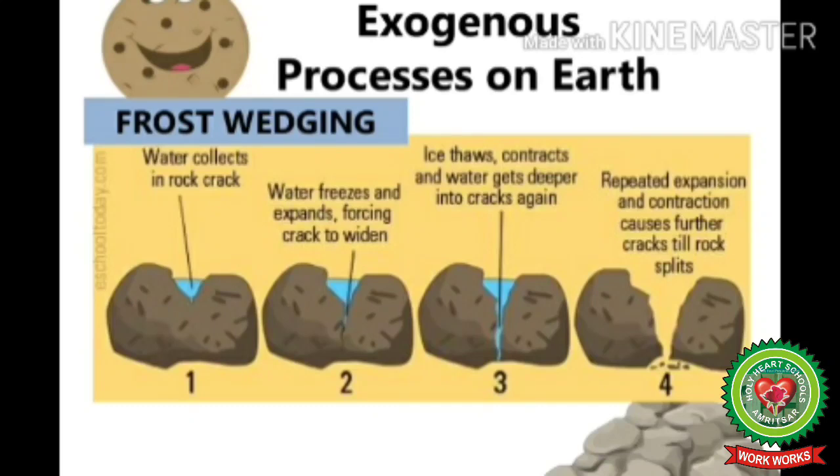During the day, the ice melts and water percolates further into the cracks. Now again at night, water freezes and it leads to the widening of cracks. This process continues, and alternate freezing and melting of ice ultimately lead to the disintegration of rocks.